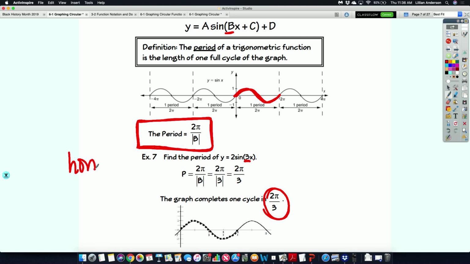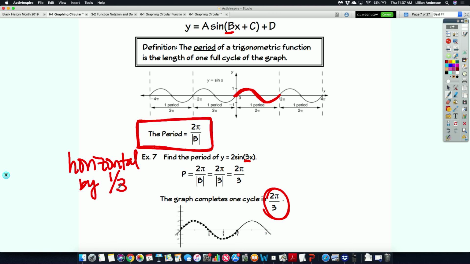This time it's a horizontal by what? 1 over 3. So that means it's a shrink. So this graph gets compressed in. You might not be able to see it here. Maybe you'll see it a little bit better on your foldable. But this graph completes a full cycle not at 2 pi, but at 2 pi over 3. So it's a lot smaller. Okay? It's a lot smaller.